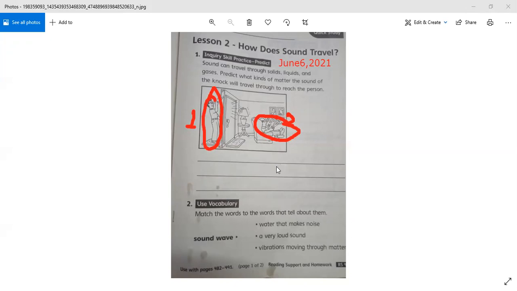Who joined with the iPhone account? Hello? Let me see it, one minute.